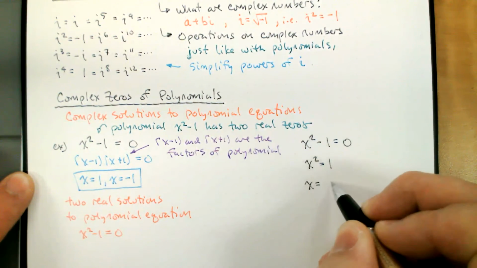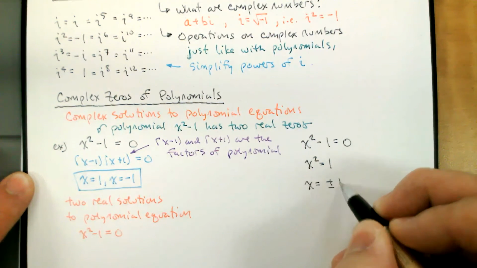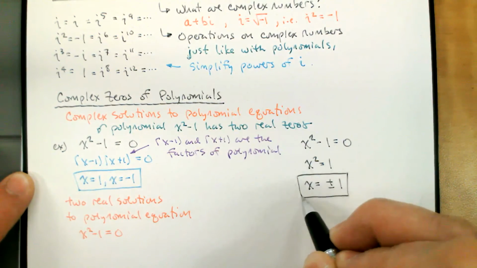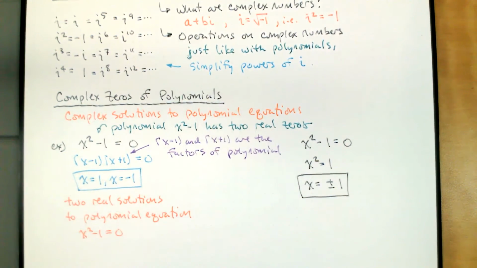So x is equal to plus or minus the square root of 1. That would be another way to solve this particular equation. So this polynomial has 2 real zeros.